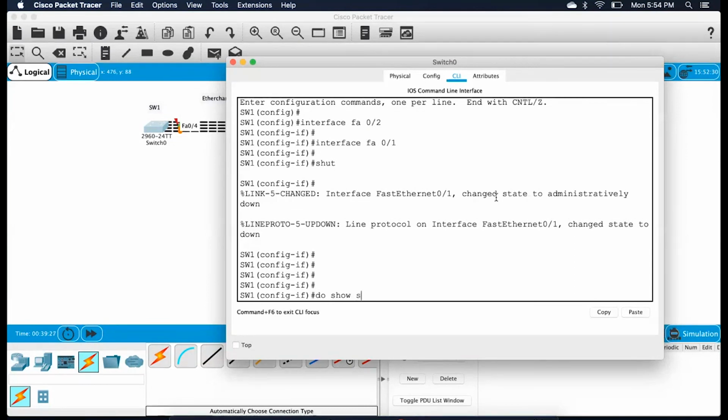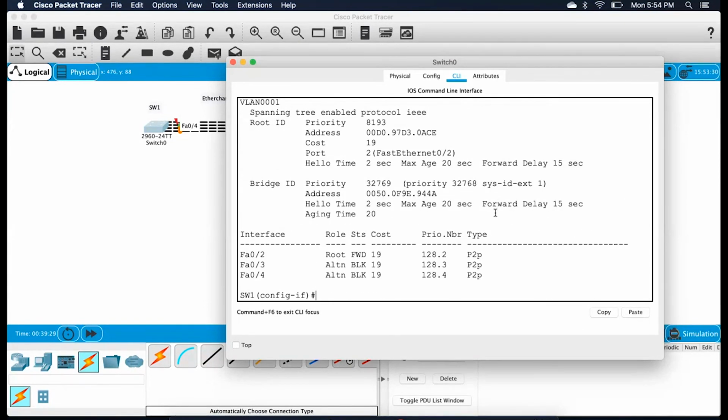Now you see FA0/2 became the root port, and it has been placed into forwarding mode. And if this also goes down, then the third one will become green, and the fourth one will become green accordingly. Do you understand how this works? Because STP can only keep one link up at a time.